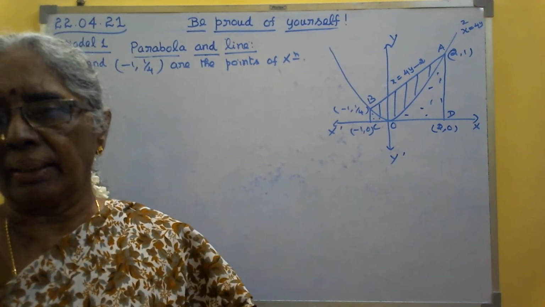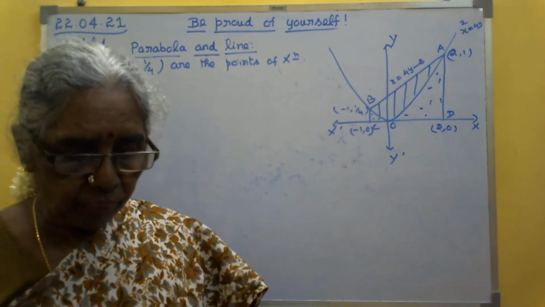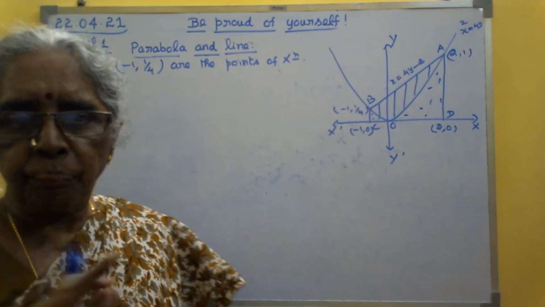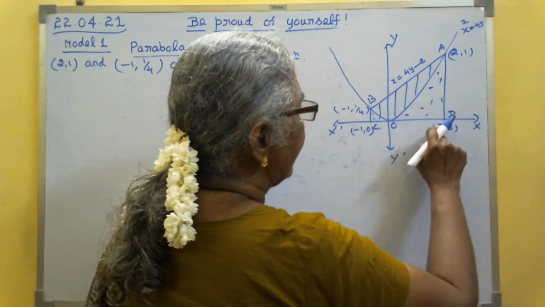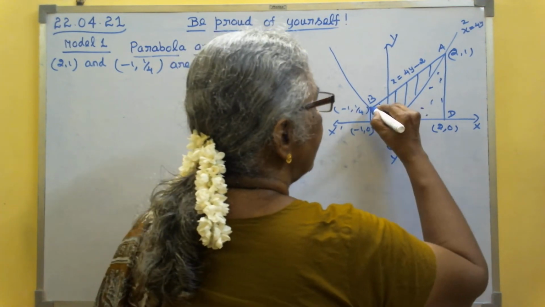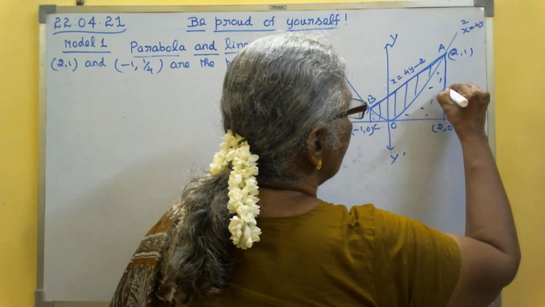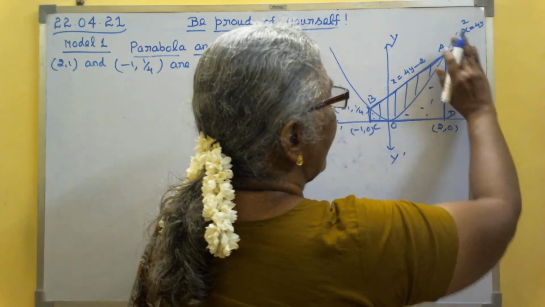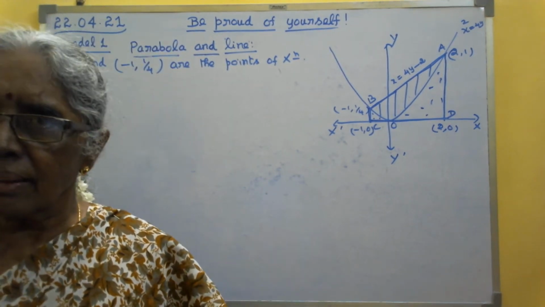That you can see from the figure itself. Now, if you see the area bounded by the straight line AB, the ordinates AD and BC, that I can just thicken, and the x-axis, you can very well see that covers the area of the trapezium, correct?